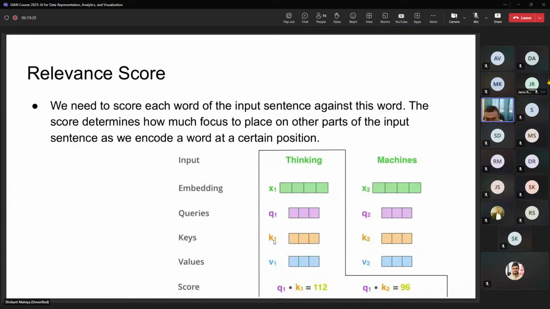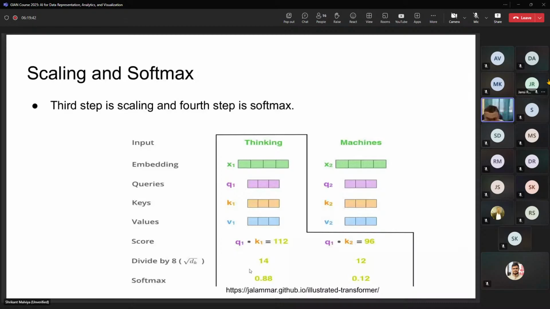Suppose we get 112 for one head, 96 for another head. We'll first divide it to normalize it, and then apply the softmax. You can do the calculation and see whether the numbers are correct or not, but I'm sure they are.